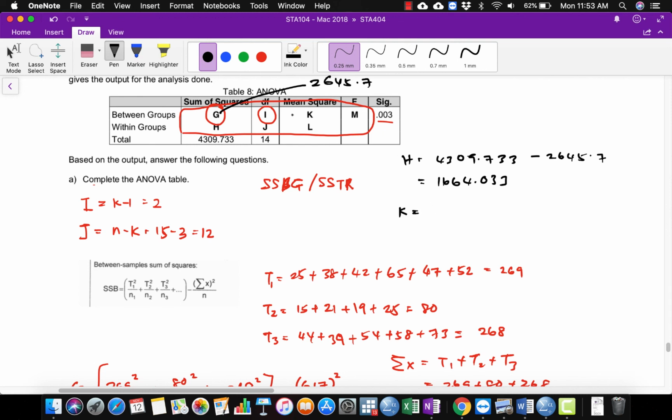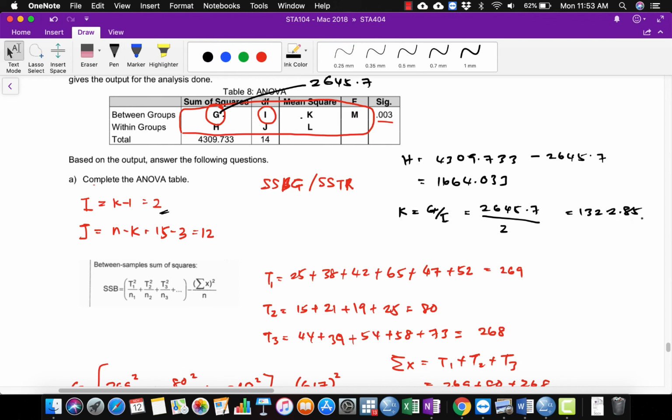Now it becomes easier for us to find K. K should be equal to G divided by I. Our G is 2645.7 divided by I equal to 2, so this should be equal to 1322.85.